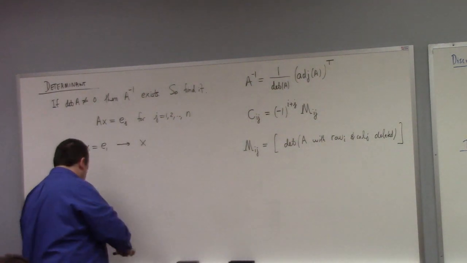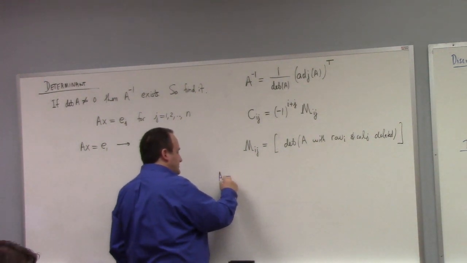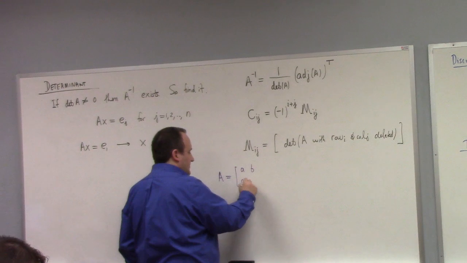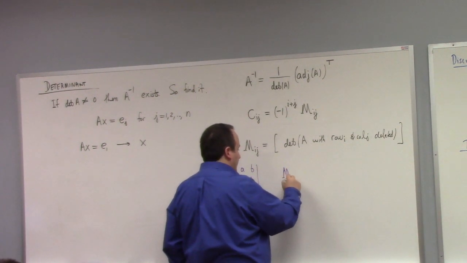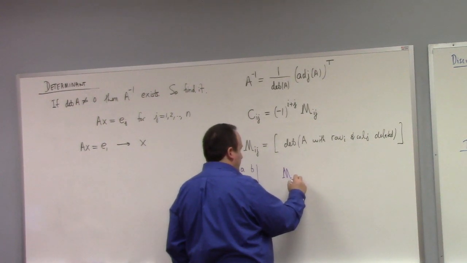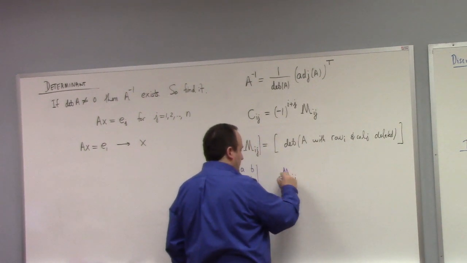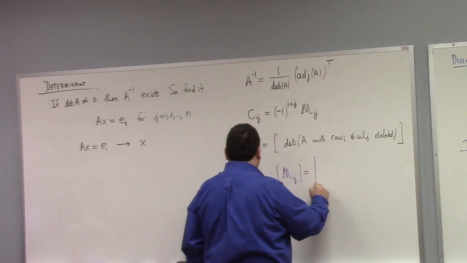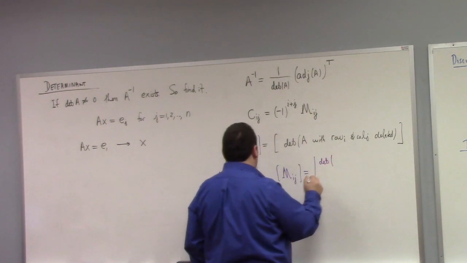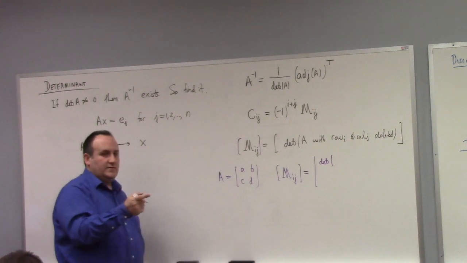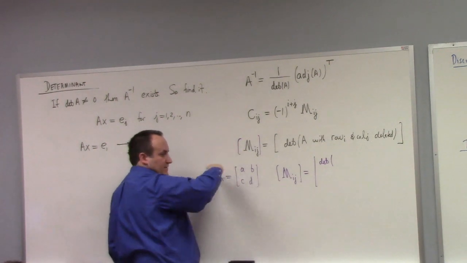Let me show you how this works. For example, for a 2 by 2, A, B, C, D. What happens if you cross out the first row and the first column?